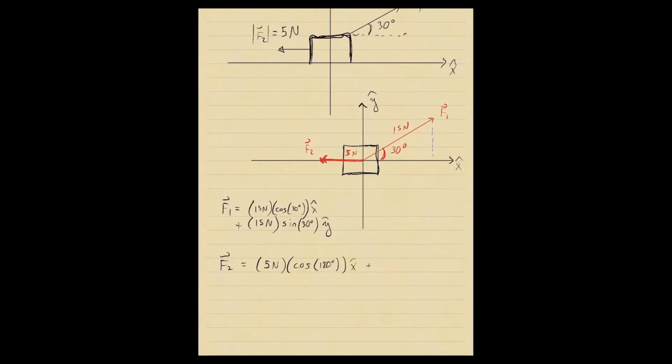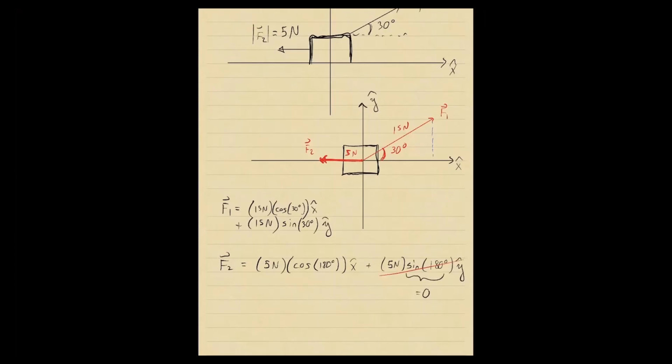And then for the y component of F2, we have its magnitude times sine 180 degrees, in the y direction. But notice if you look at F2, it's pointing entirely in the negative x direction. It's not pointing at all in the y or negative y direction. Which makes sense because when we break down the components of F2, since sine of 180 degrees is equal to 0, this whole term is 0.